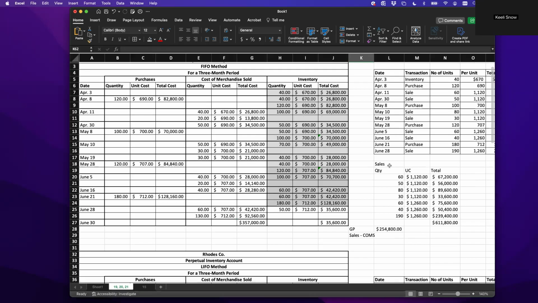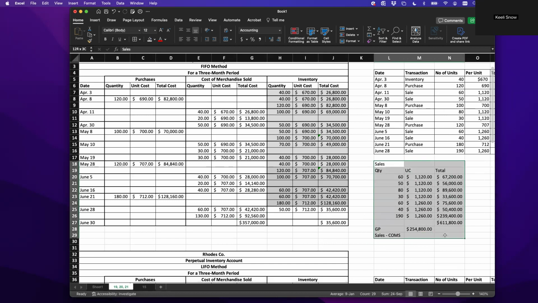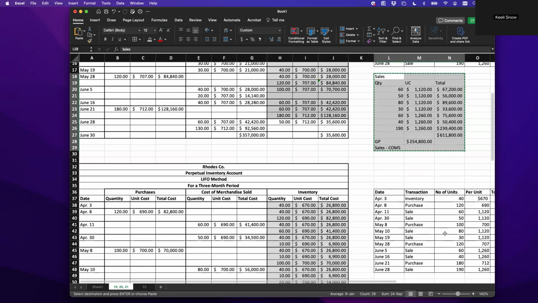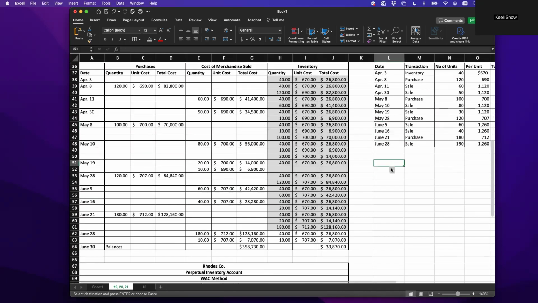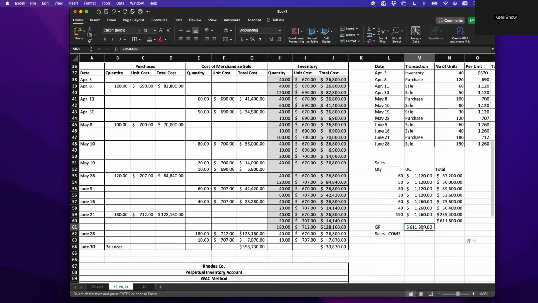And honestly, we could just copy this down here. So sales equals 611,800 minus our cost of merchandise sold.